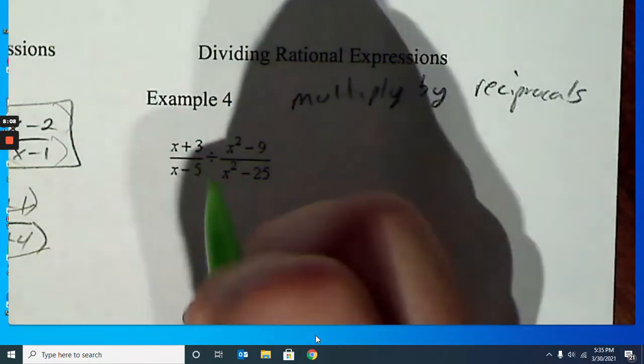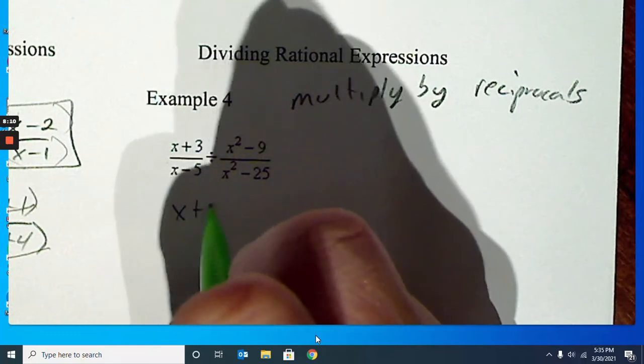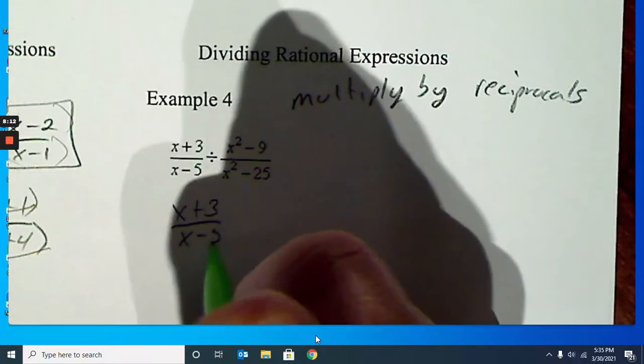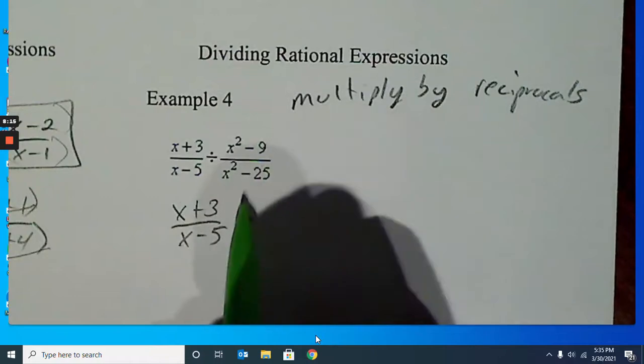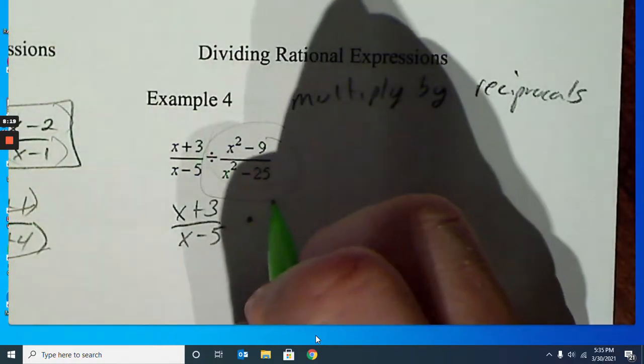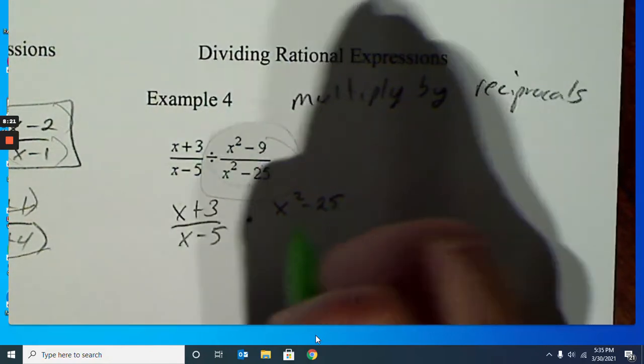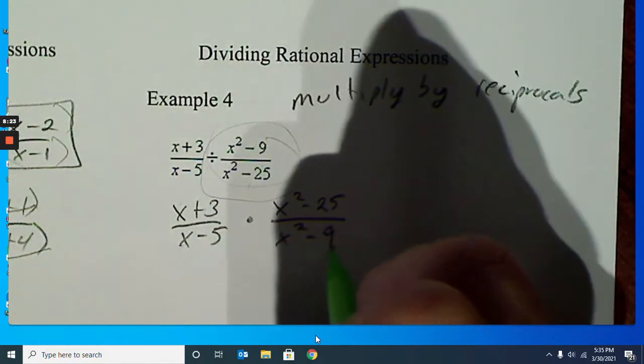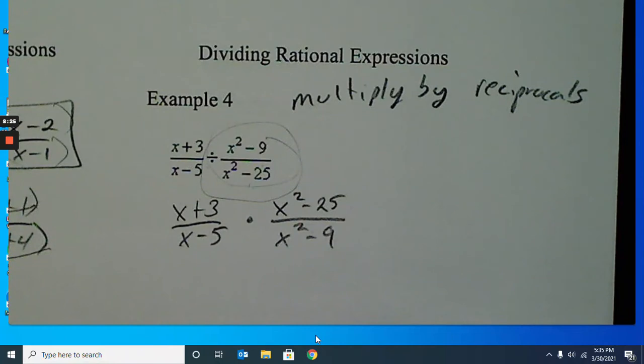We take this, and this x plus 3 over x minus 5 doesn't really do anything. But we're going to multiply by the reciprocal of this. And that basically means I'm going to do x squared minus 25 over x squared minus 9. So we're not really dividing, we're actually multiplying by the reciprocal instead.